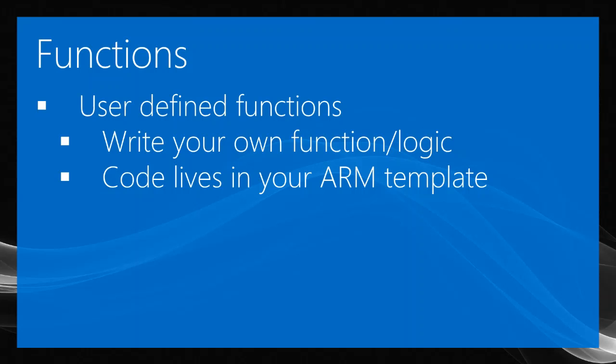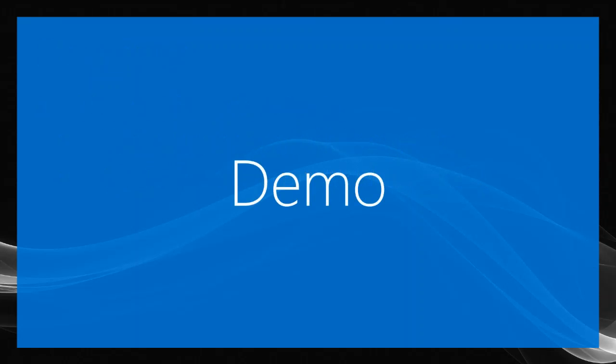And then you can trigger this function from within your template. So in case you want to build some advanced logic that you use multiple times within an ARM template, but it's too complex to be done in variables, then user functions would be the way to go. All right, so let's have a look at functions in the demo.